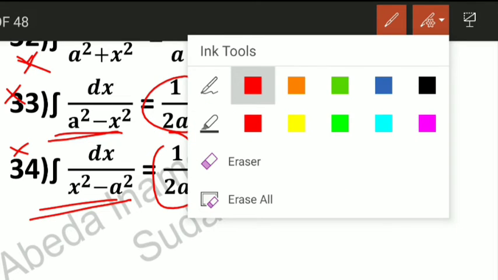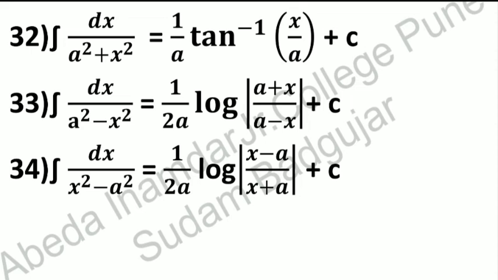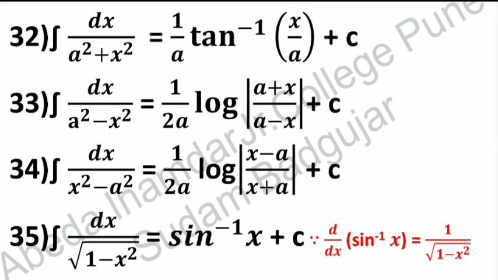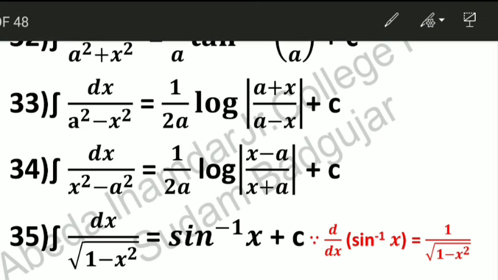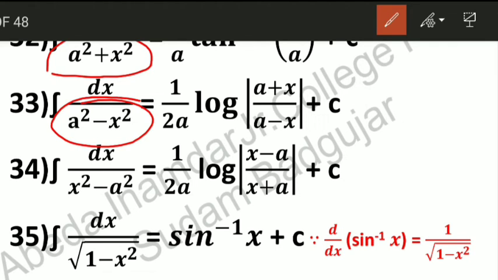Now, the next part is formula number 35. See, the derivative of sin inverse x is equal to 1 upon under root of 1 minus x square, so the integration of 1 upon under root of 1 minus x square is equal to sin inverse x plus c. But now you have to observe the denominator forms: x square plus a square, a square minus x square, and so on.